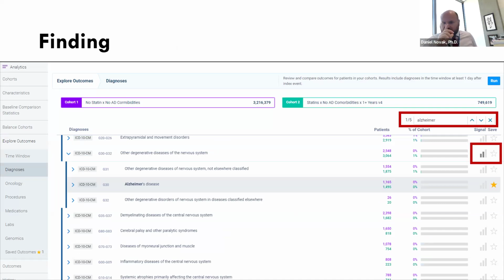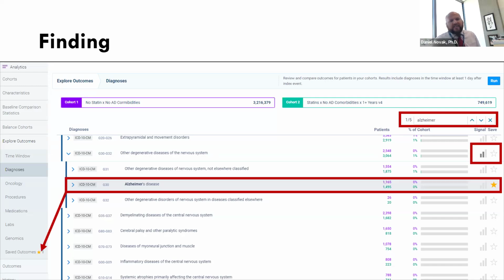And then the same signal and star icons that we saw in the characteristics function last week are also present here, except they work a little differently. They add your outcomes here to a saved outcomes folder. So instead of going to your propensity score matching, I want to be clear, this goes into the future to allow you to quickly pull this into your final analysis.